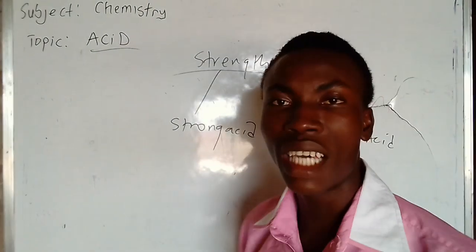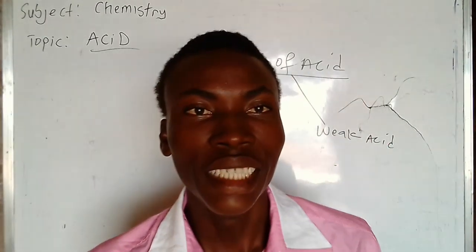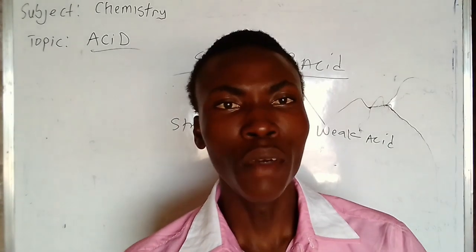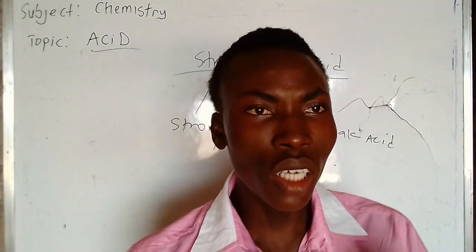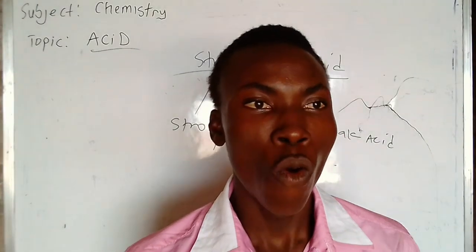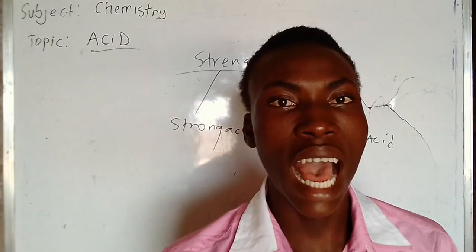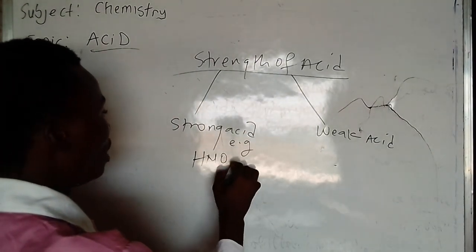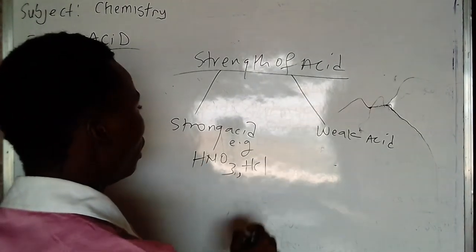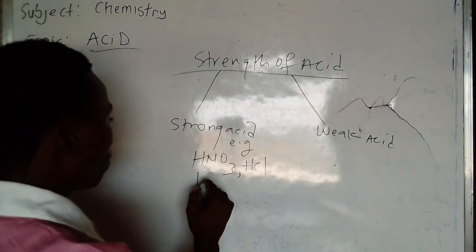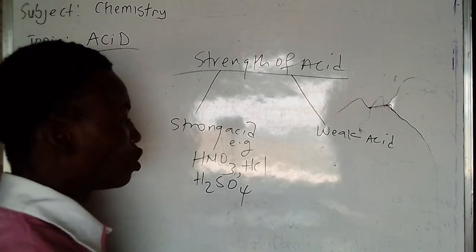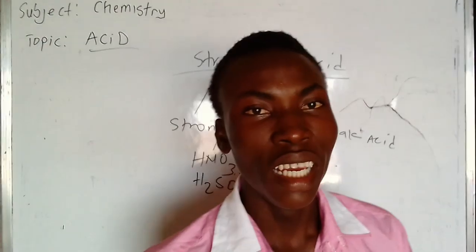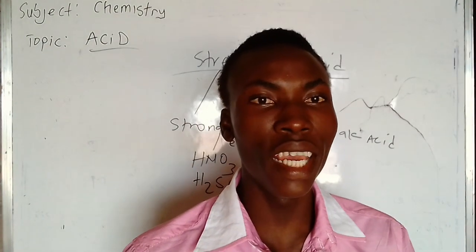Now, what is strong acid? Strong acids are acids that ionize completely in water. That means all the molecules present in them ionize completely in water.